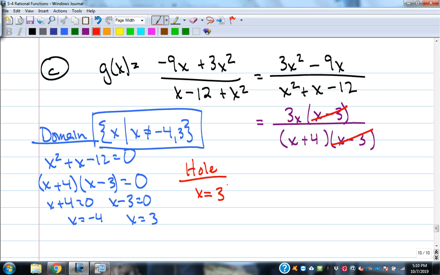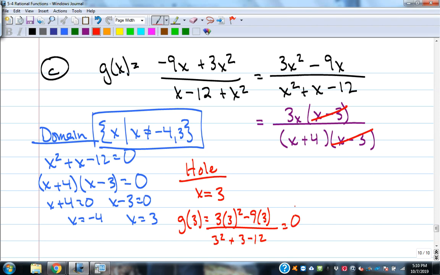How do I find the y value that goes with that? Plug it in. 3 squared minus 9 times 3 over 3 squared plus 3 minus 12. Working that out, 27 minus 27 is 0.